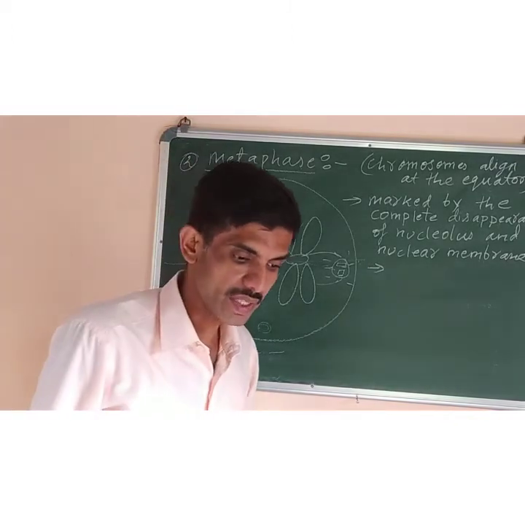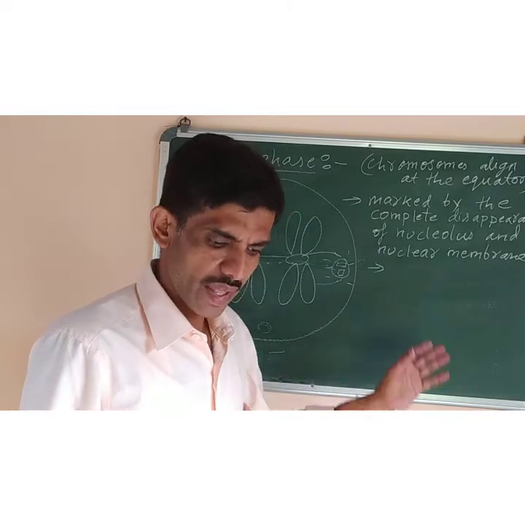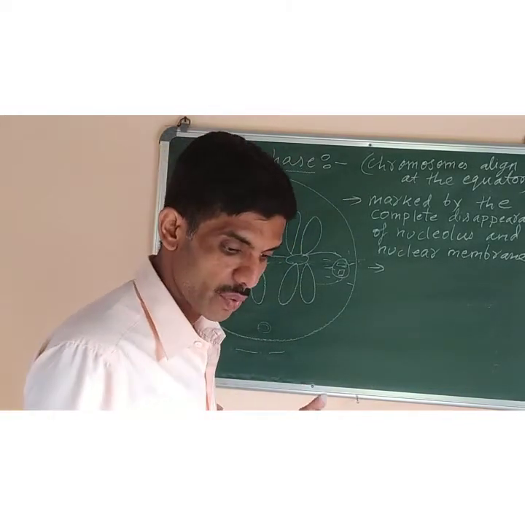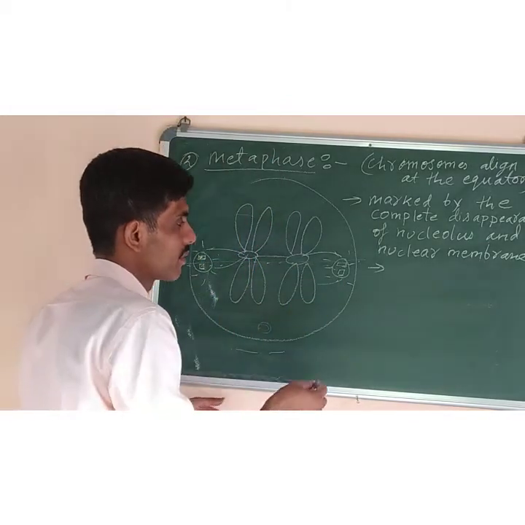So the first important characteristic of metaphase stage is the complete disappearance of nucleolus and nuclear membrane. And the second one, which we already did, is that chromosomes arrange themselves at the equator, forming the metaphase plate. This is called the metaphase plate.